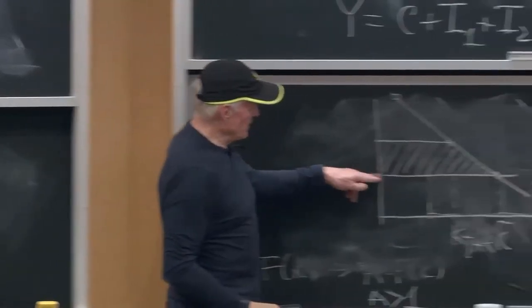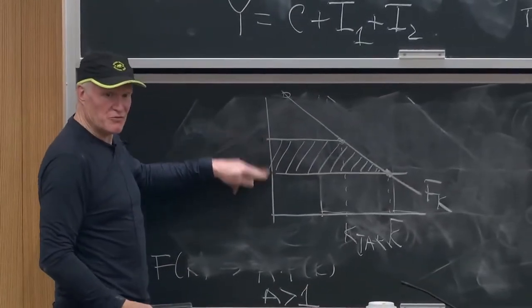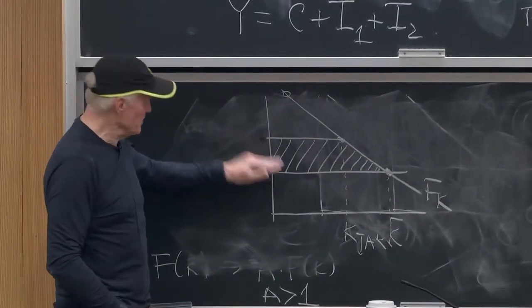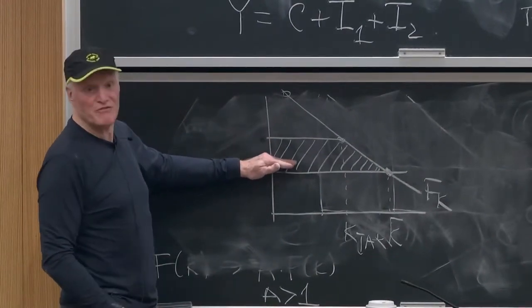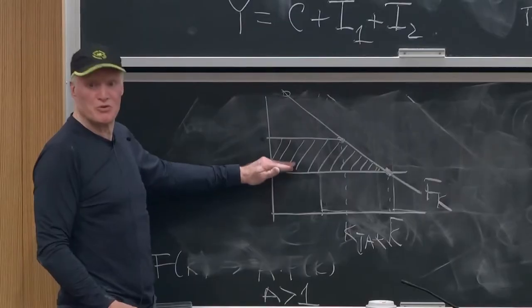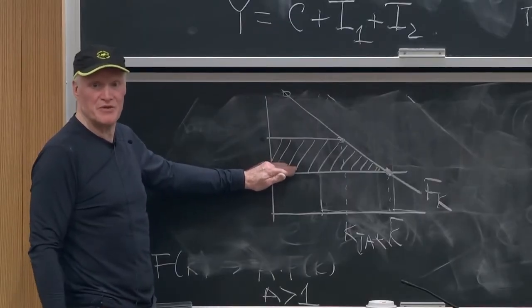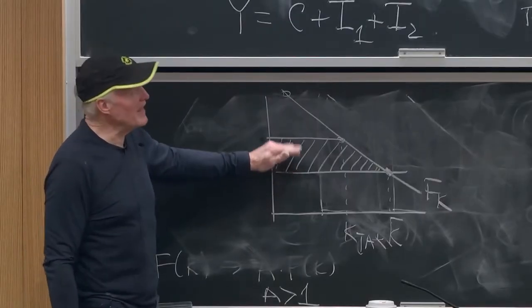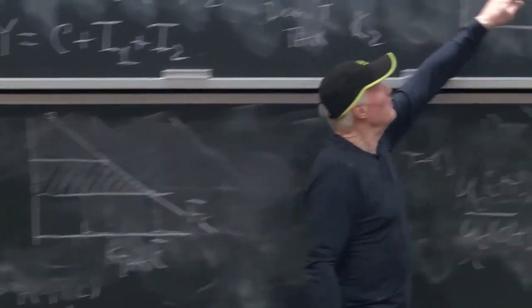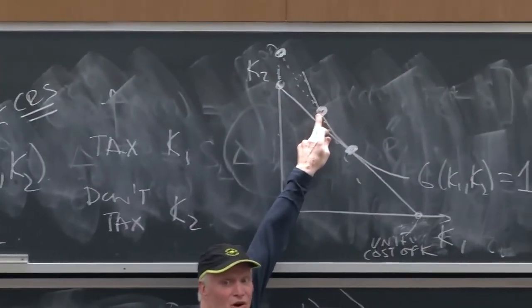Well, if you're still going to have the same effective tax rate, you still have to move up this much, but you're also going to shift this curve up, right? Because we're going to produce capital less efficiently than we used to. Capital is going to be elastically supplied now, but elastically supplied at a higher cost.